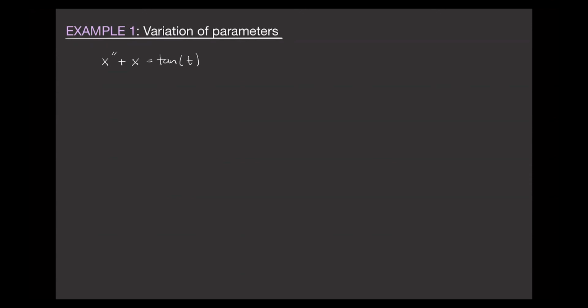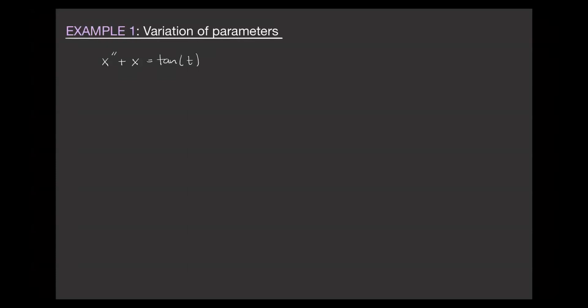All right. Now, tangent is not sine cosine, so we can't immediately come up with what the particular solution should be, as we've done before, because it's not an exponential, it's not a polynomial, it's not sine cosine. So we'll use variation of parameters here. You can use variation of parameters in those other cases, the exponential, sine cosine, and polynomial, but usually you want to save it for other cases, such as tangent here.